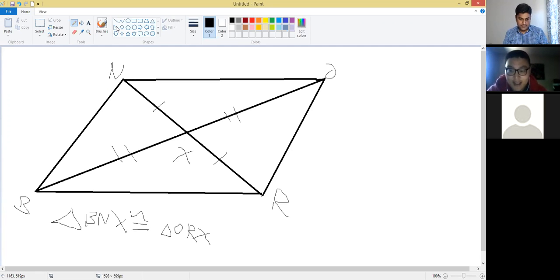That's really important, because if it says it's a parallelogram, you're going to prove it a different way. It only says the diagonals bisect each other at point X. So how should you prove this triangle is equal to this triangle? How should you prove it?